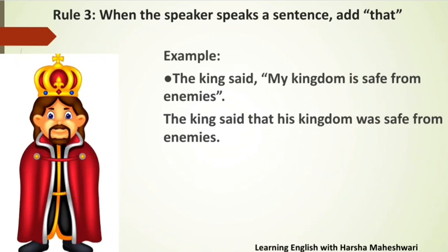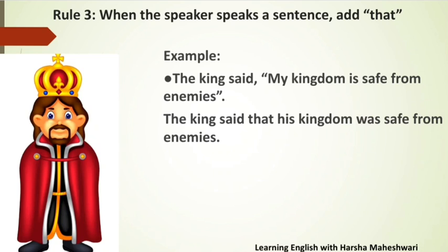Our third rule is, when the speaker speaks a sentence, add that. If it is a normal sentence that ends with a full stop, then you just have to add that after said. The example is, the king said, "My kingdom is safe from enemies." My kingdom is safe from enemies is the full sentence ending with a full stop.